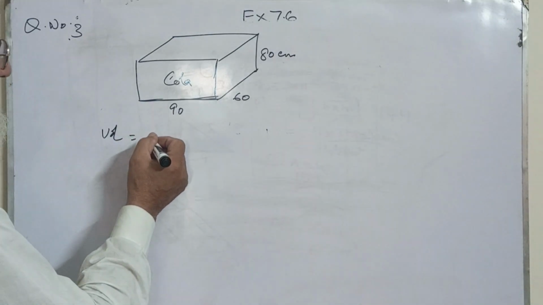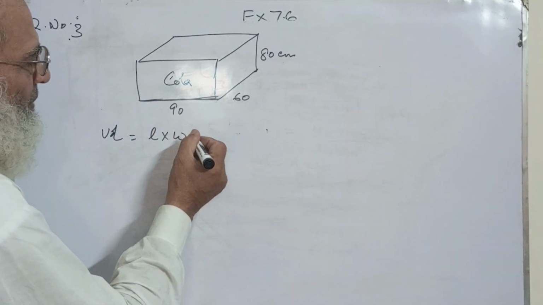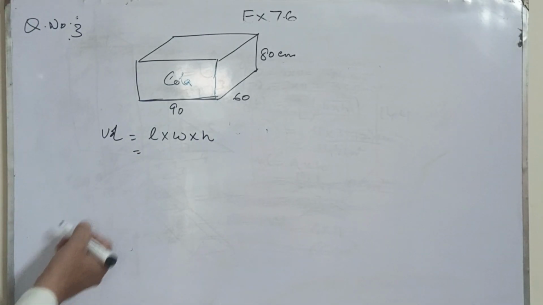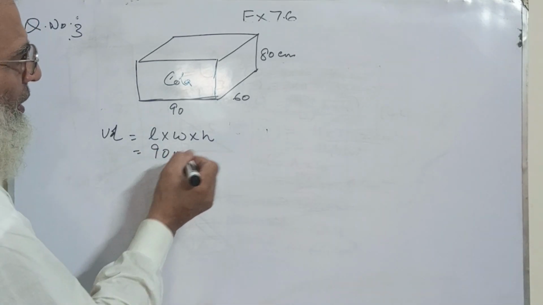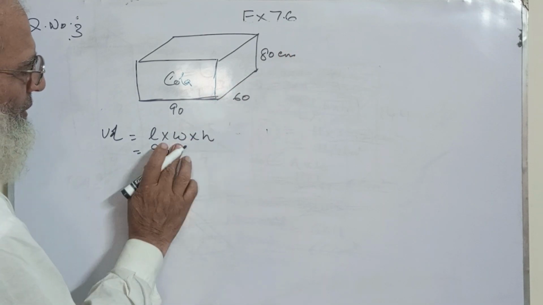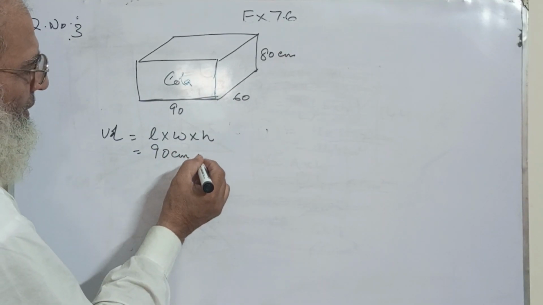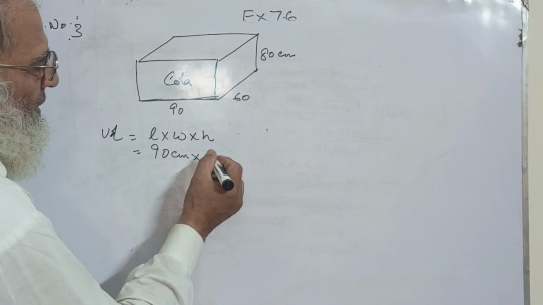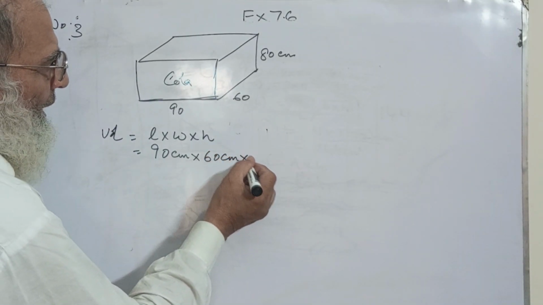So volume is length multiplied by width multiplied by height, or area multiplied by height. Okay, length is 90. All dimensions are in centimeters, so better to write with the unit. 60 and height is 80.